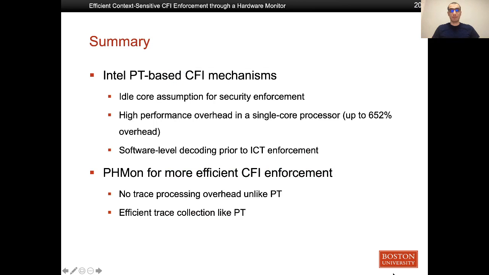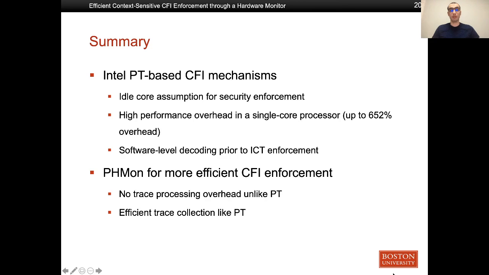In summary, Intel PT-based CFI mechanisms assume that there will always be idle cores that can be dedicated to security. In this work, we show that when there is no idle core in the system, the performance overhead increases drastically, up to 650%.